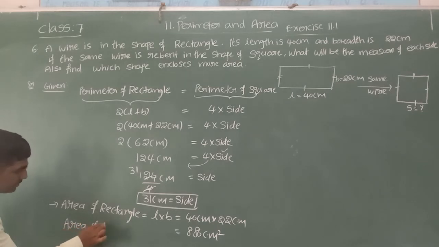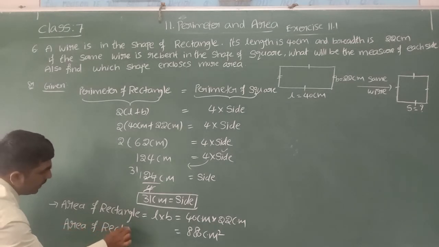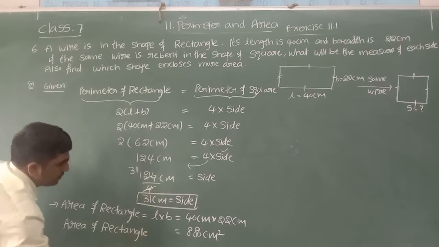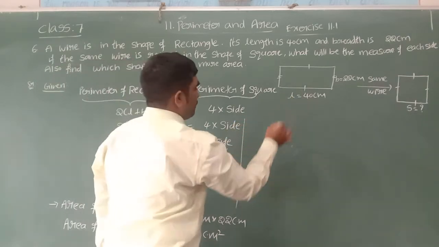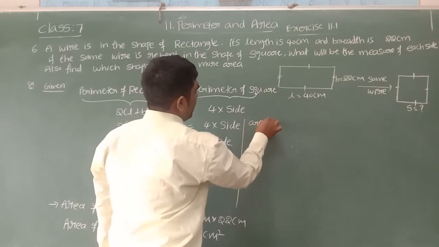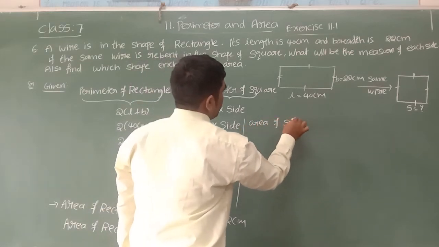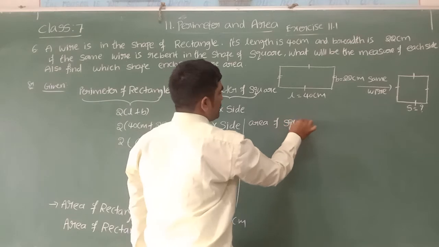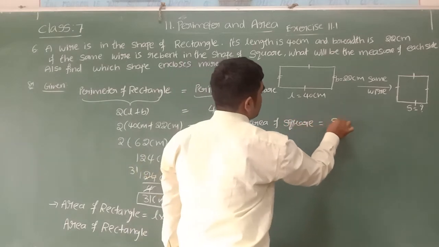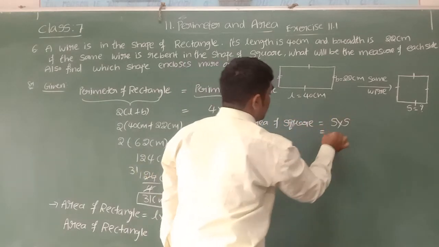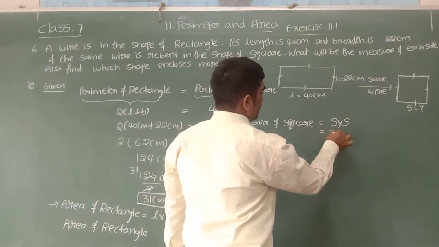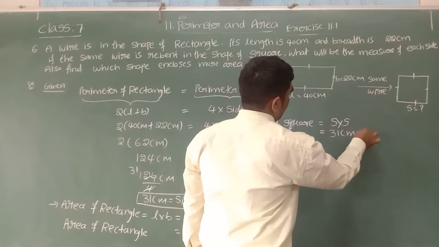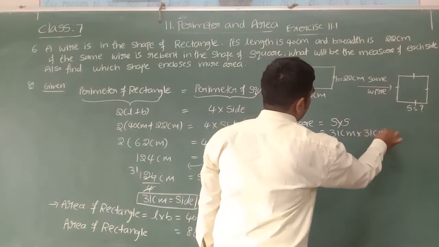Area of rectangle is 880 square centimeters. Now let us find the area of the next figure, the square. Area of a square is equal to, the formula is side into side. What is the length of the side of a square? 31 centimeter. So we write here 31 centimeter into 31 centimeter.